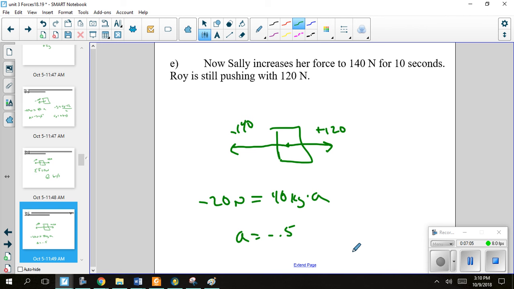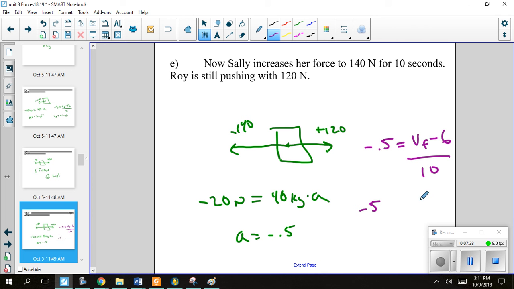After 1 second it'll be 5.5, then 5, then 4.5, then 4, then all the way down to 0, and then past that. So we can take negative 0.5 equals velocity final minus our 6, and then times time.